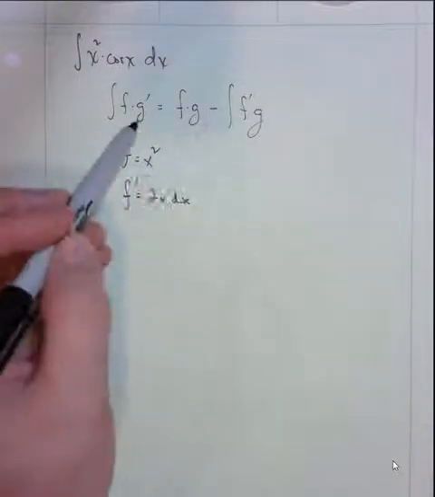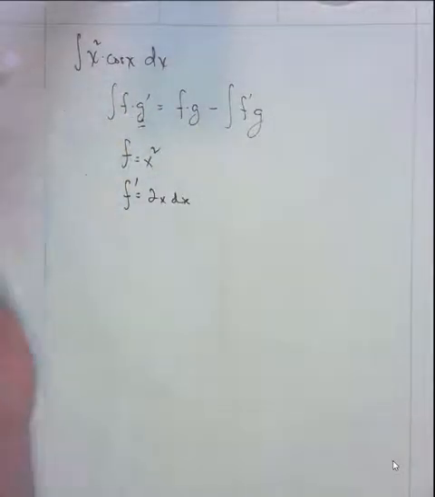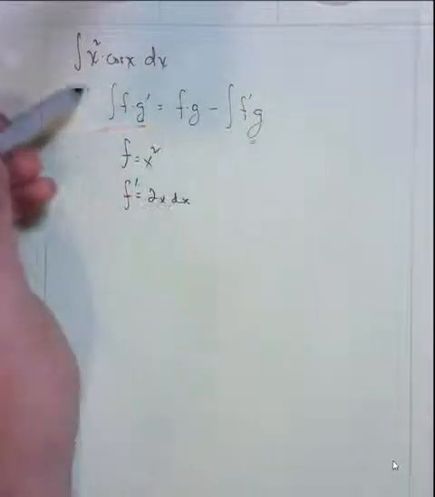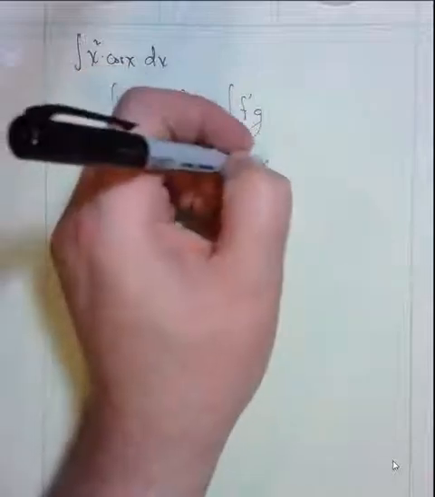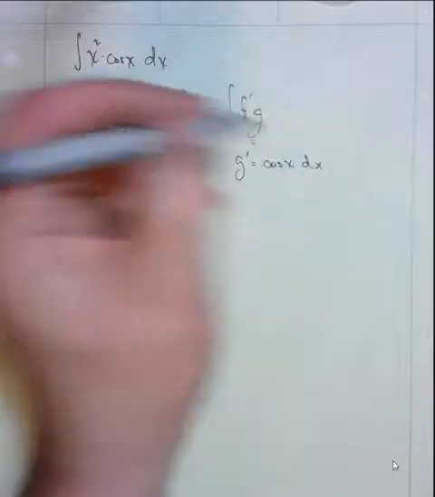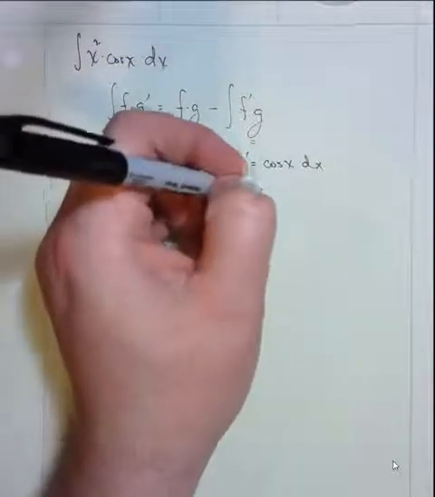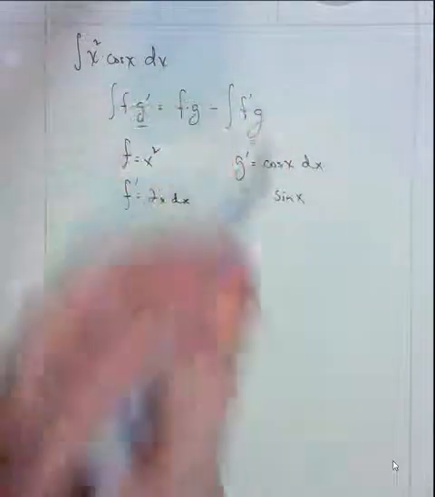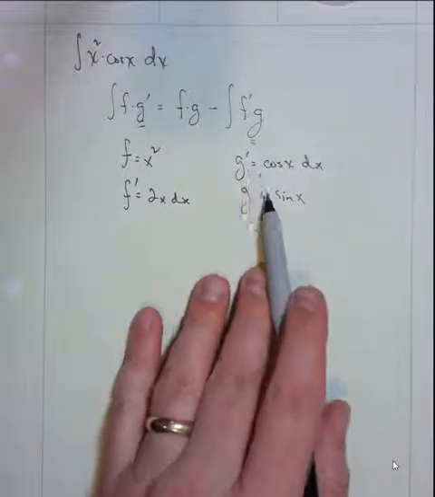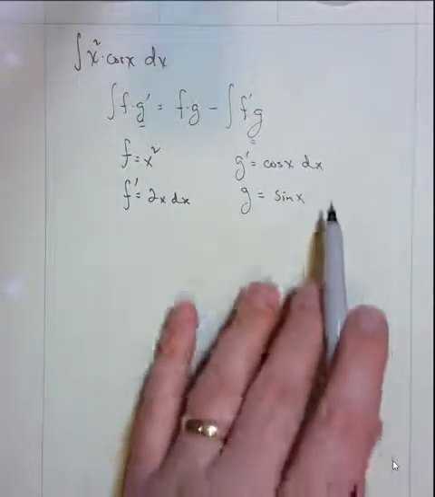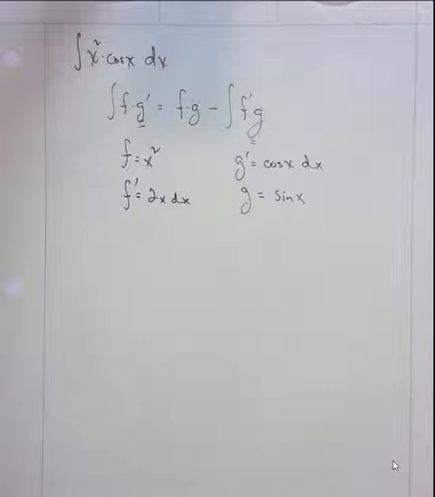The price of that is to swap g prime for g, in other words, to swap g prime being cosine of x for g being sine of x. This antiderivative does have a constant hiding in the background, but it's just going to get rolled into the big arbitrary constant that we put onto the end of this whole integral anyway, so we don't need to clutter things up right now.